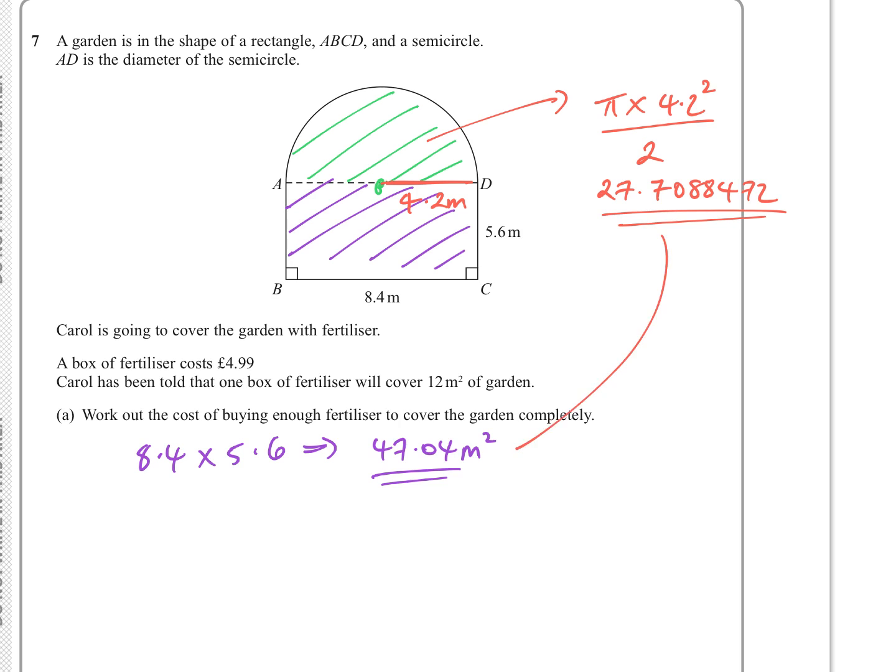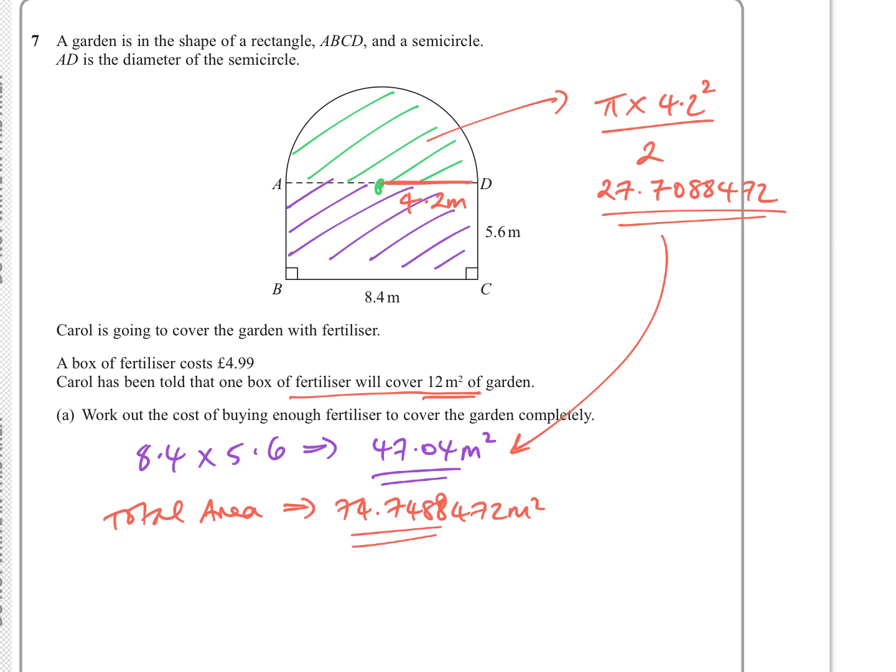So if we add these two areas together, so we'll add the 47.04 meters, we get a total area, and that's going to be 74.7488472 meter squares.